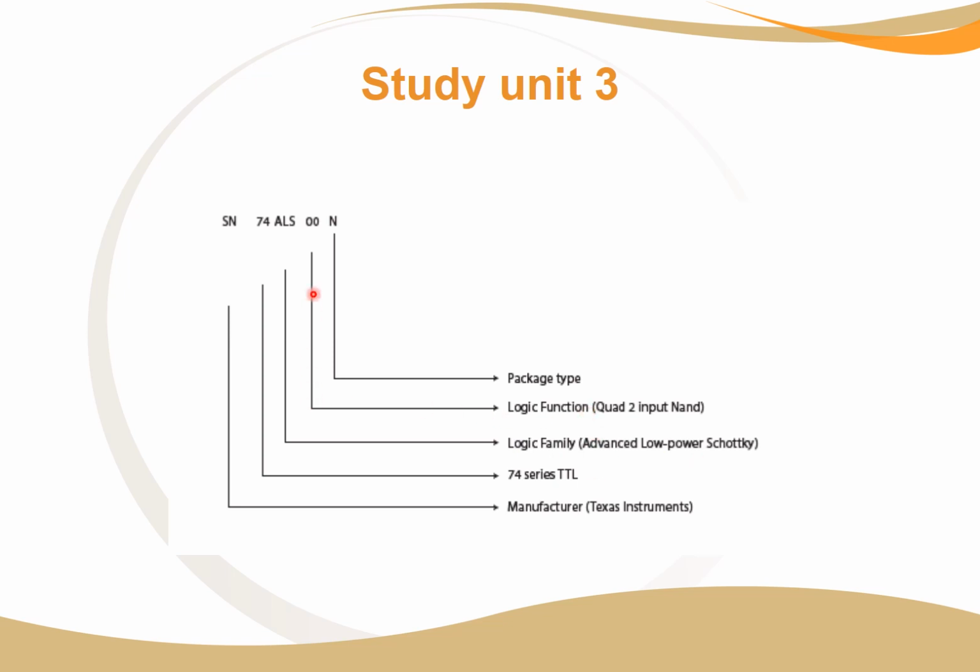The logic function is the next couple of bits, in this case, quad two-input NAND gate. And then you have the package type. Usually if you have your chip, you look at it and then you Google the letters in the order that you find on it, and you will come to the correct data sheet for it.